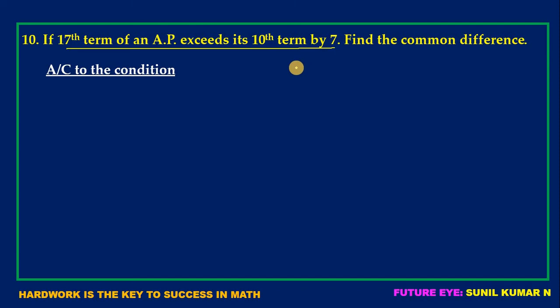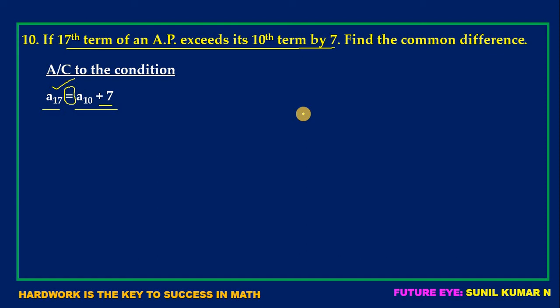Now how to write this in mathematical statement form? That is very important, children. See, look here, you have to write like this. A17 is equal to A10 plus 7. Actually the 17th term is more by 7 than the 10th term. But why did I add 7 to the 10th term? Because to balance the equation.